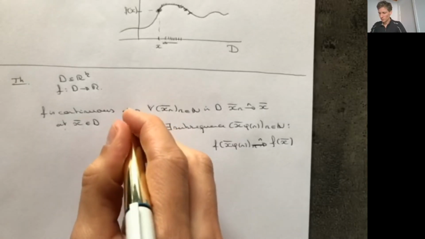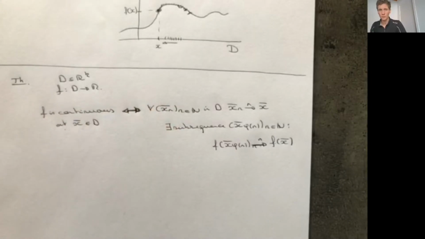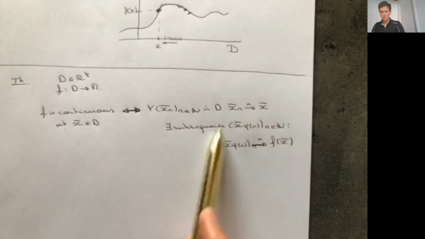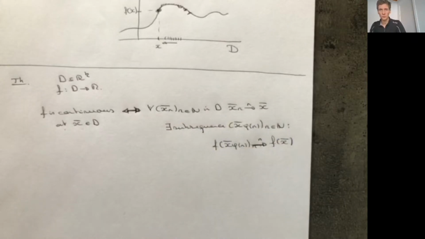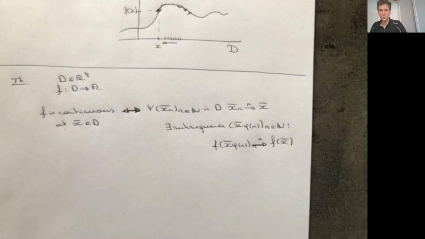However, it appears, or the theorem at least claims, that these two definitions are equivalent. So what this says is that basically we only need convergence along a subsequence in order to formalize continuity of f at a certain point x.